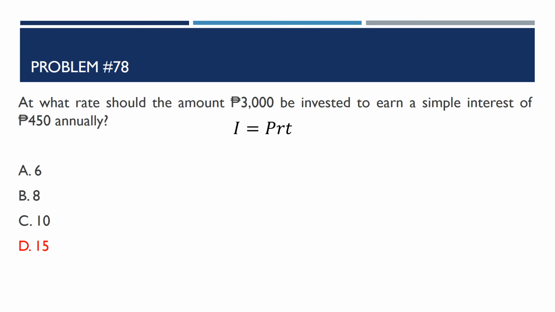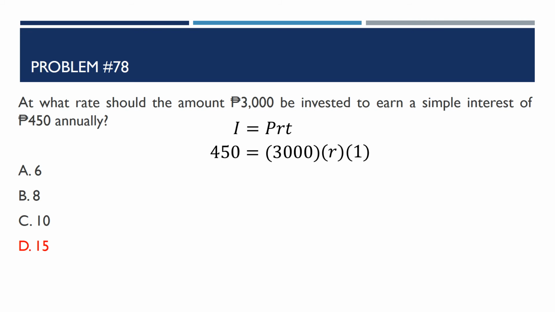So the interest is given, it's annually 450 pesos, so it's 450, and the principal is given, it's 3,000, the one that is invested, and we're going to look for the rate, so it's R. It's given that it's annually and there's no given time, so it's assumed that it's only 1 year.